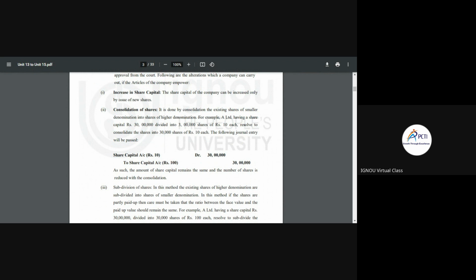So here we have the general entry that will be passed: share capital account debit to share capital account. So the entry will be passed for the 30 lakh.